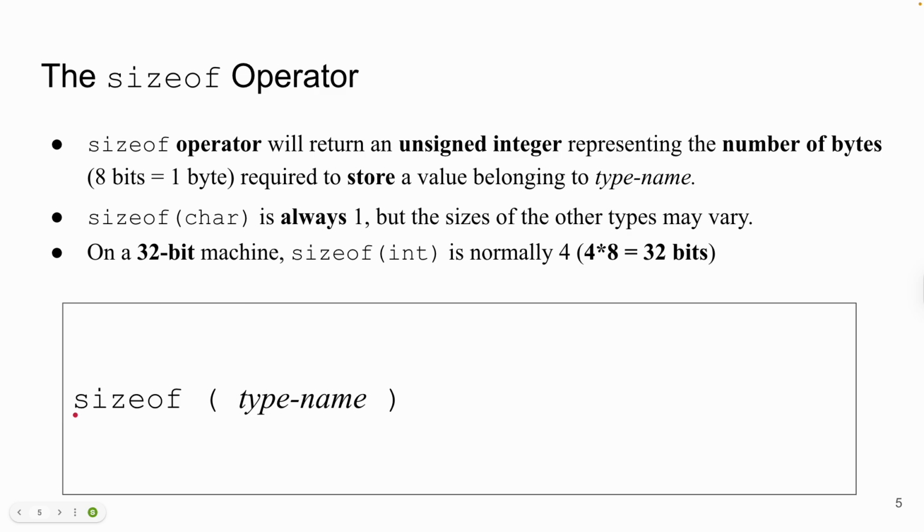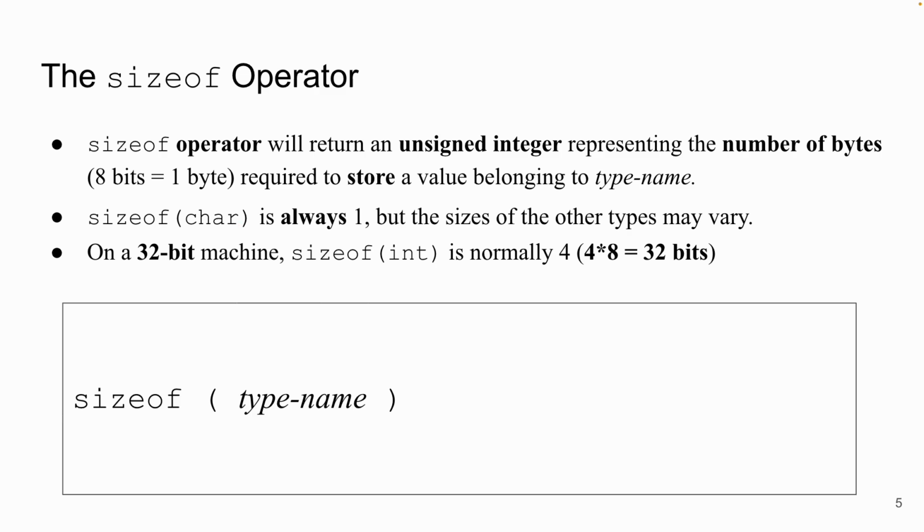We need to write sizeof exactly as I showed it here, and then most of the time we will add the parentheses. If I want to know the size of a char value or a char object, I just write down sizeof, parentheses, and char, and the unit of the returned number is bytes.